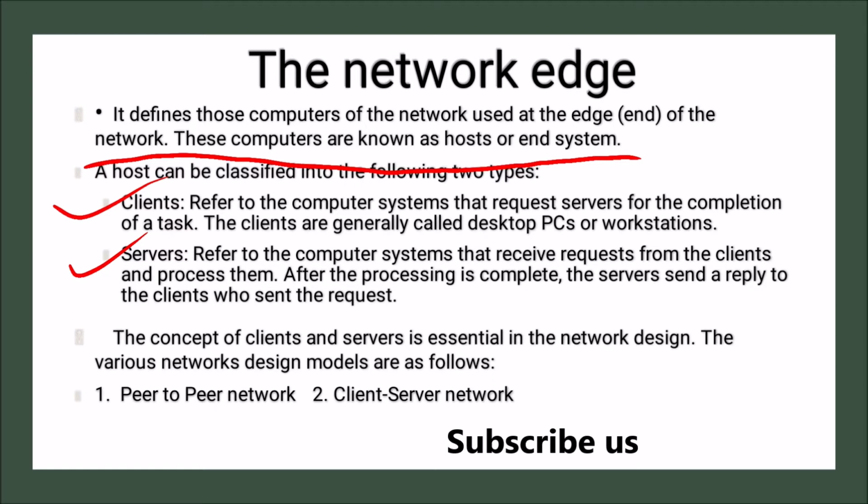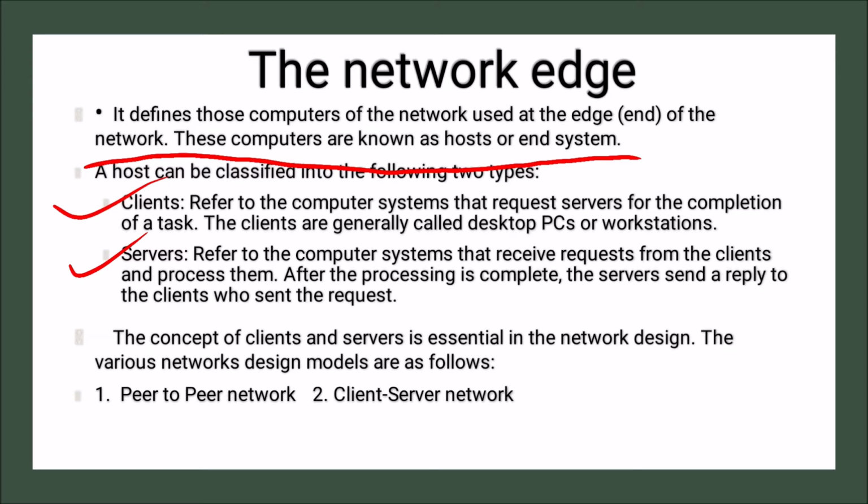Suppose a particular system A wants to print something from system B which is connected with a printer. So system A is the client, which requests system B to print this document.